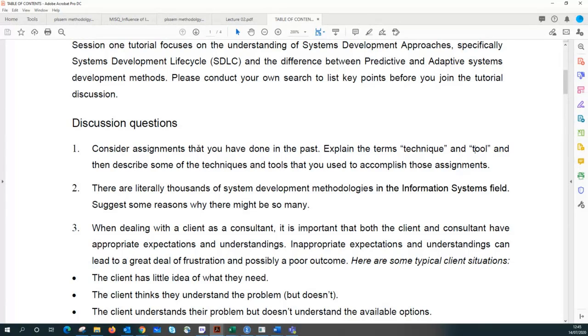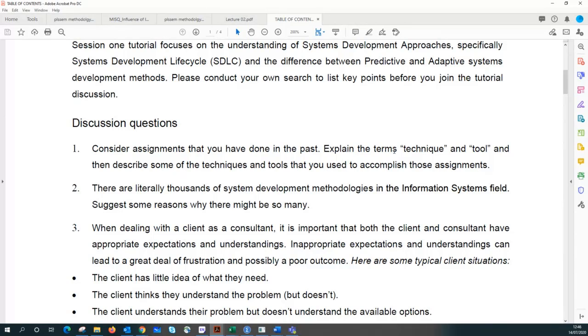In this case, in your assignment, you have to complete the assignment activities. So what do you mean by technique? In order to use these tools, we need some sort of instructions, and the instructions come from the assignment itself. They tell you what to do, what to produce, and what format the products have to be.